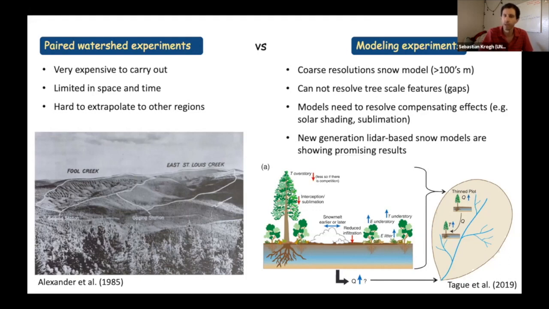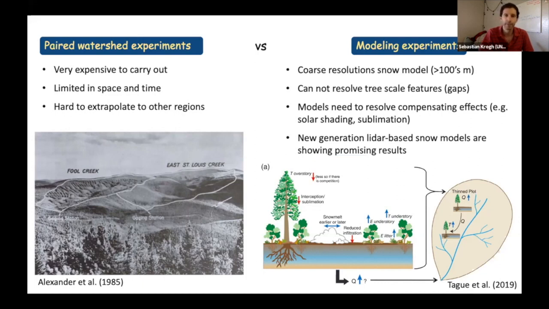And this is really important, research has shown, because you need to resolve these small scale compensating effects, such as solar shading or the sublimation from snowfall being intercepted by the canopy, wind sheltering effects, etc. As you can see in this figure.